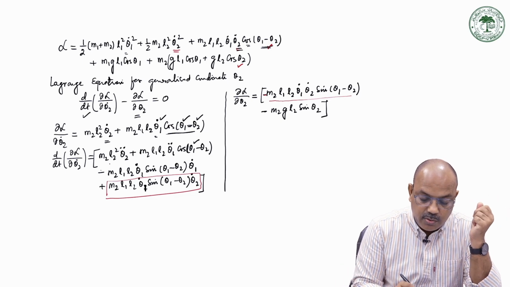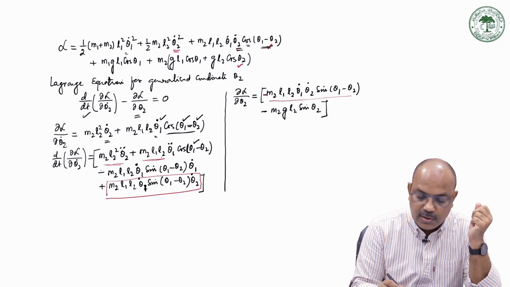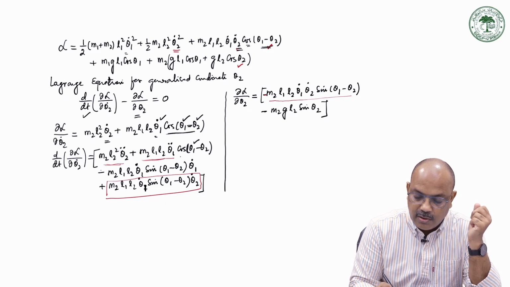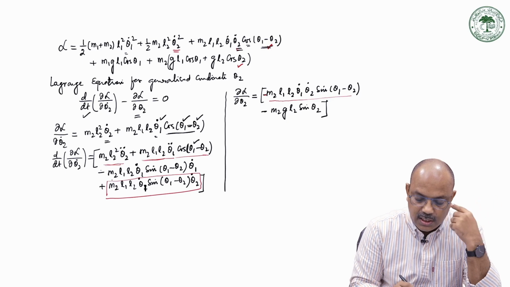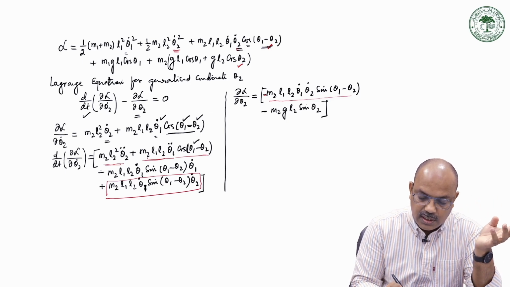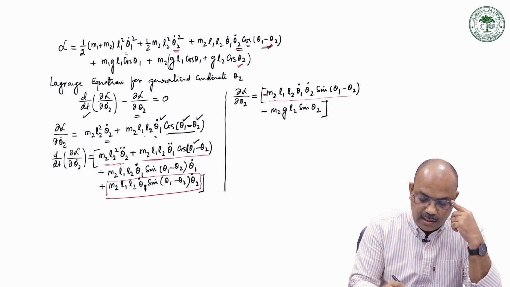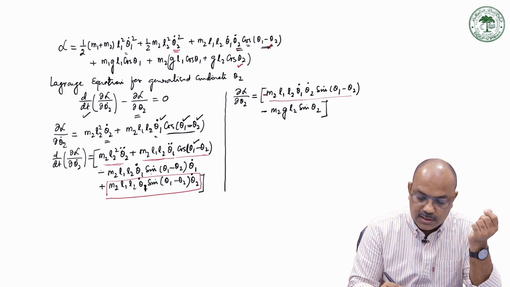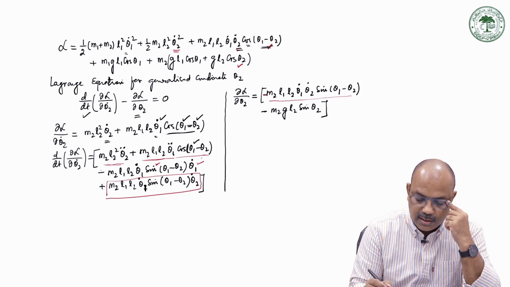So this is m2 L2 square theta 2 dot, and then m2 L1 L2, and this is theta 1 double dot cos theta 1 minus theta 2, okay. Then I have m2 L1 L2 theta 1 dot, this is going to be sine with negative sign theta 1, so that is theta 1 dot square, that's okay.